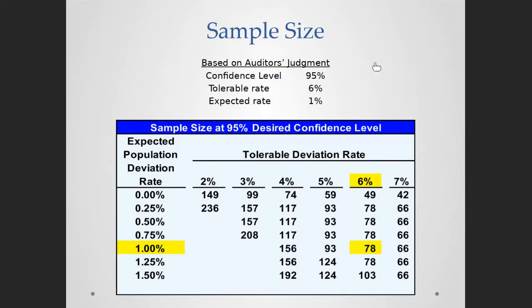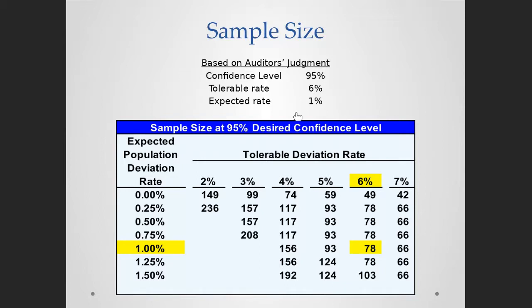Now let's do the same with some numbers. Here we have the confidence level set at 95%, tolerable rate set at 6%, and expected rate set at 1%.